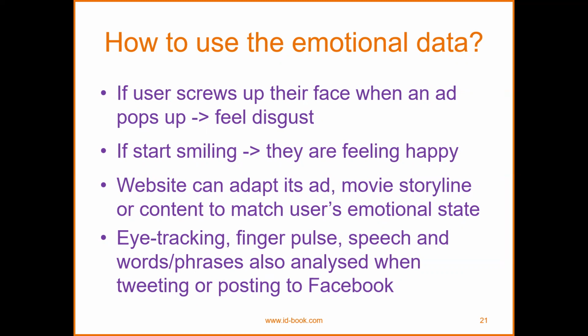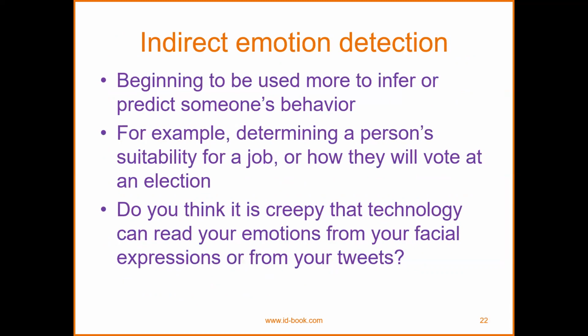Eye tracking, the finger pulse, speech, and words. Phrases also analyze when tweeting or posting to Facebook. We have indirect emotions and detection. The beginning to be used more to infer or predict someone's behavior. For example, determining a person's suitability for the job or how they will vote at the election.